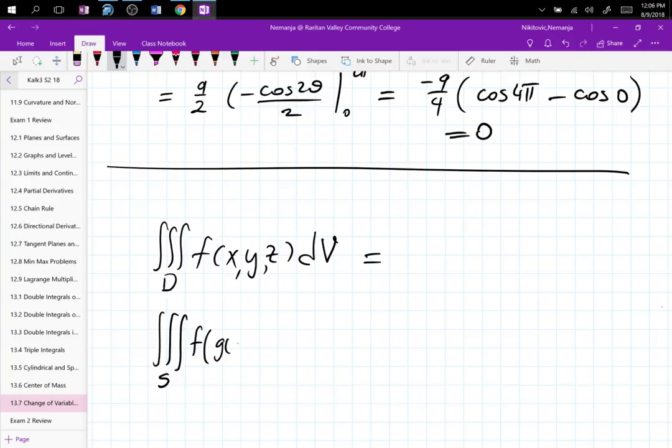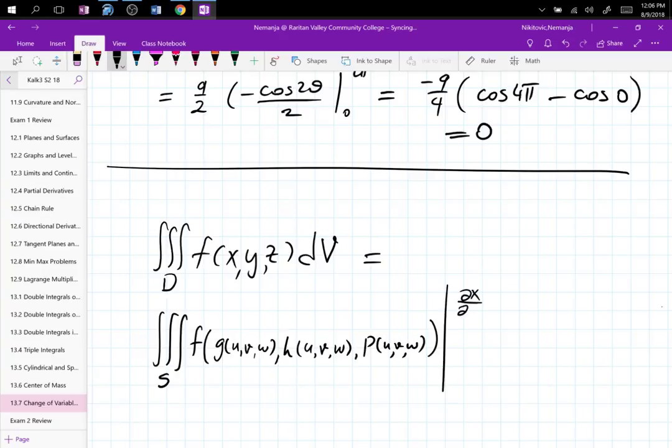So g(u, v, w), h(u, v, w), it's a definition. p(u, v, w), there we go, times the Jacobian. We're going to write the Jacobian in, so we save a little bit of a forest.